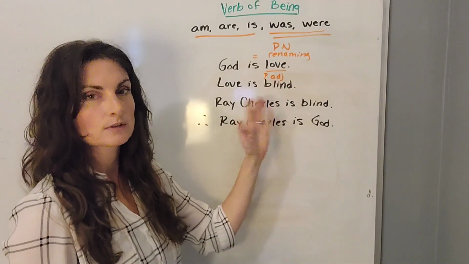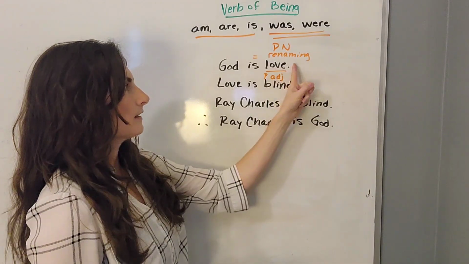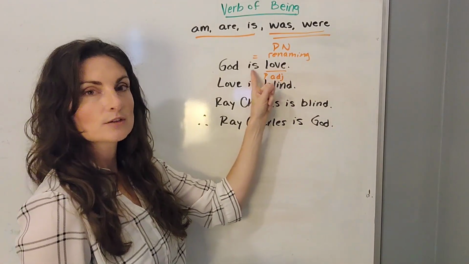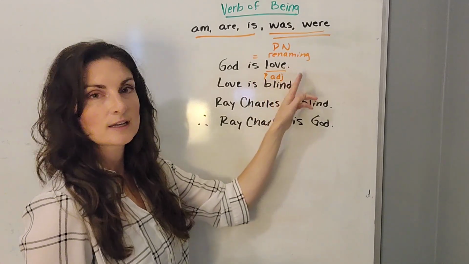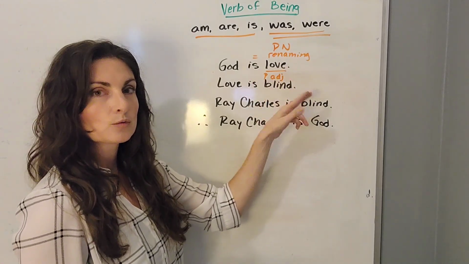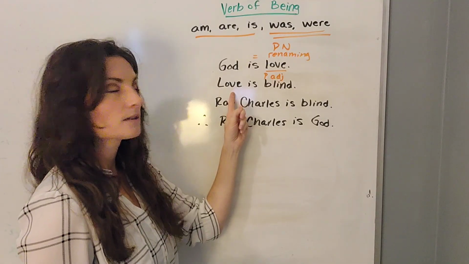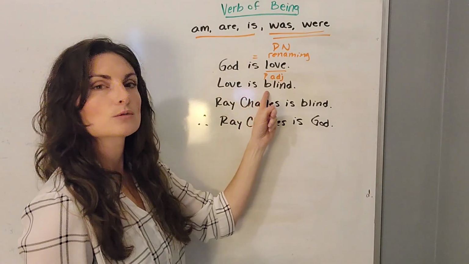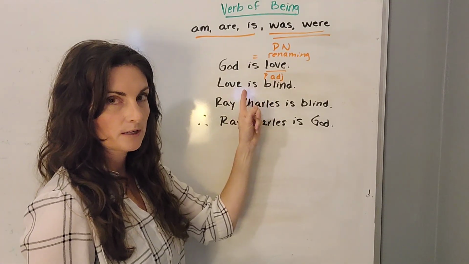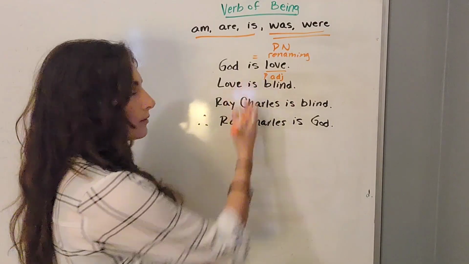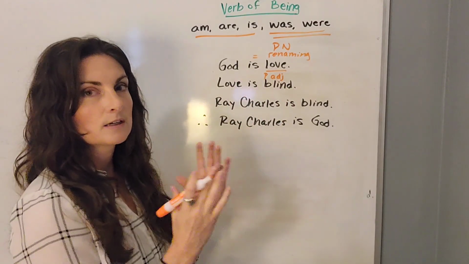If you remember essentials, a PA. So in this one, is followed by a predicate noun, which renames the subject. And this one is used to describe the subject, and that's an adjective. So is not used in the same way.